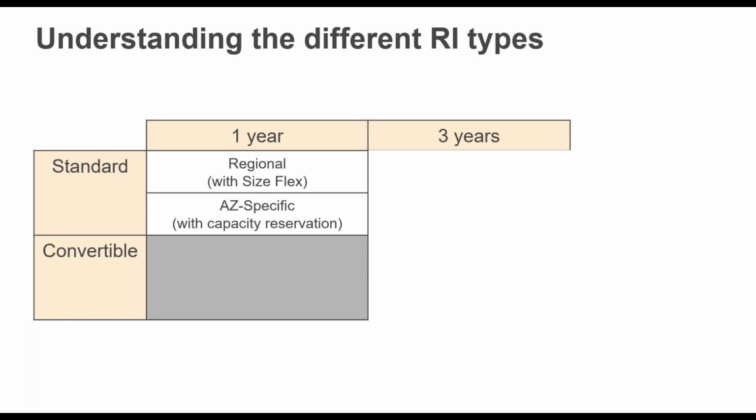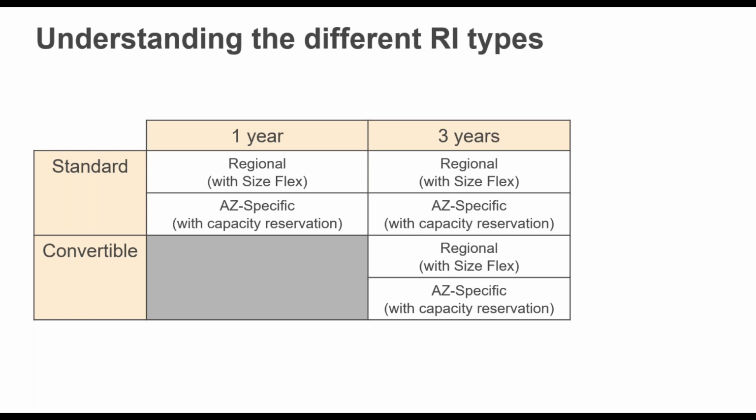I'm going to drive into the differences between standard and convertible in a minute, but the convertibles are offered on a 3-year term, and they give you the flexibility to change things within your commitment. So if you're making a commitment for a 3-year period, however you want to change your instance family, type, size, or operating system of the reserved instance, you can potentially take advantage of convertibles.